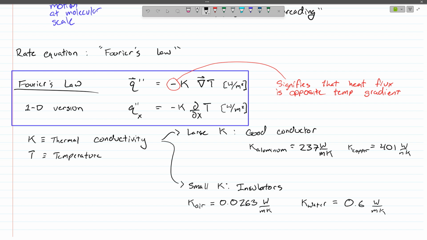So this is a fairly good indicator of why we see things like thermoses or double-walled coffee cups, where they'll either have a complete vacuum, or over time, those vacuums don't tend to stay very vacuous. You'll end up with air in there.